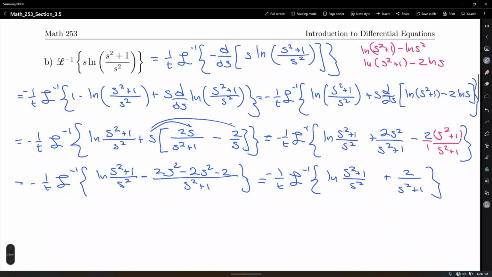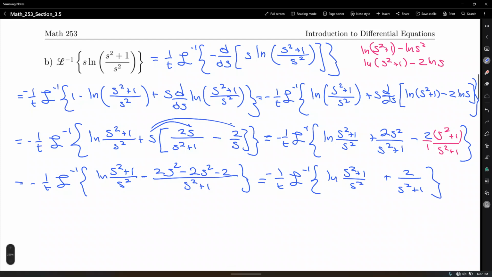Okay, let's have a look at the last term. Isn't that already ready to find the inverse of to get the sine function? However, what about the first term? That first term still has a natural log term. So that means we need to do another iteration of this theorem, the 1 over t times negative d/ds, and so on.